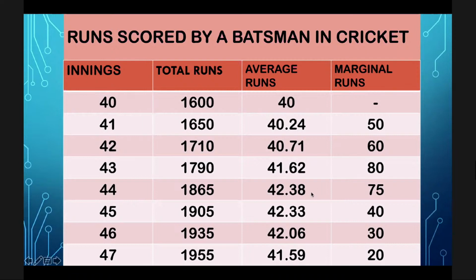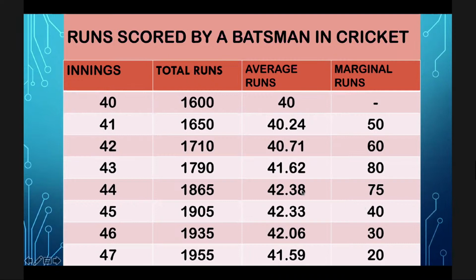So you understand that in every next inning, even if the run scored in this inning is less than what he scored in the previous innings, if the run scored is greater than the average, his average will go on rising. But what happens in the 45th inning? He scores 40. Now 40 is less than the average.